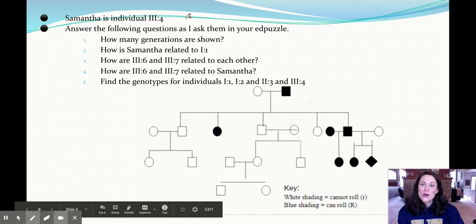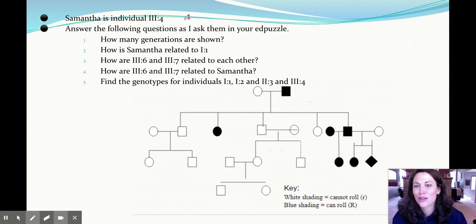First, we know that tongue rolling has nothing to do with our X and Y chromosomes, so this is not sex-linked, which is going to make this a lot easier because we don't have to put the X and Y chromosomes on here. Because it's not sex-linked, this will be a simple straight genetics pedigree.